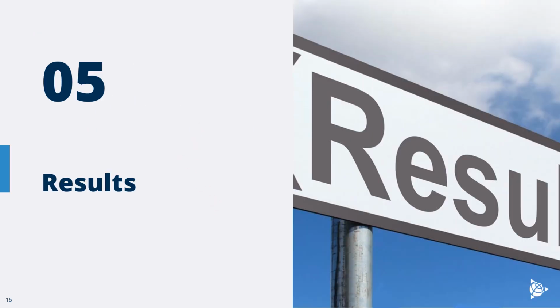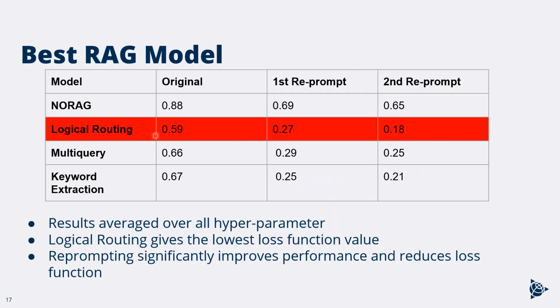So these are then the results. Over here, we can see the results of our RAG models. These are all the 4 models that we've tested. From our experiments, we found logical routing to be the best model, since it gives the best score when it produces the original macro, and then after the first and second reprompts, it gives the best value as well.